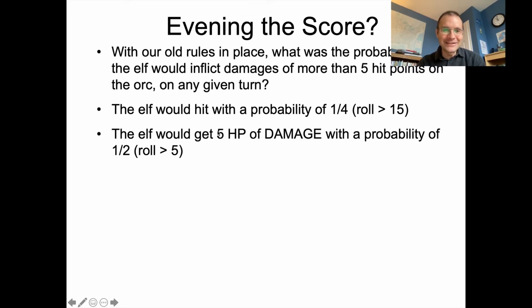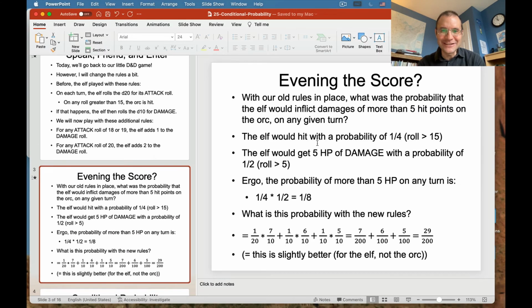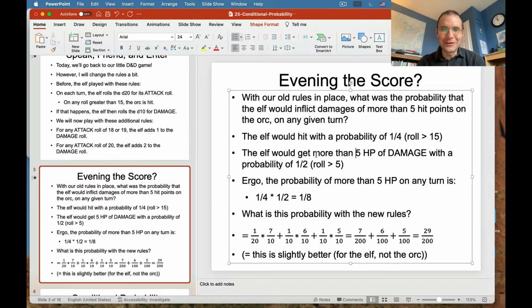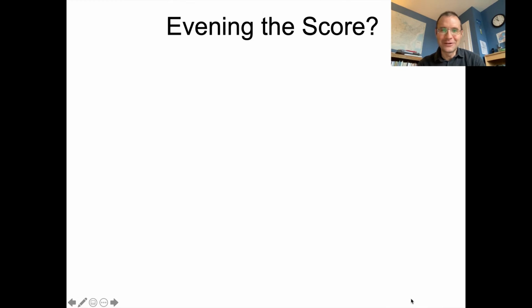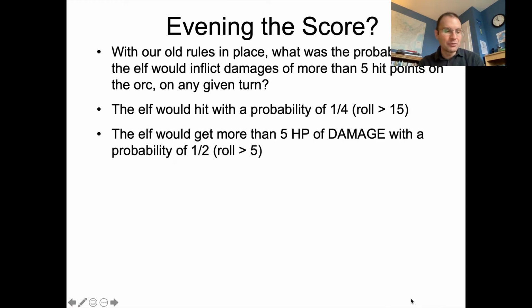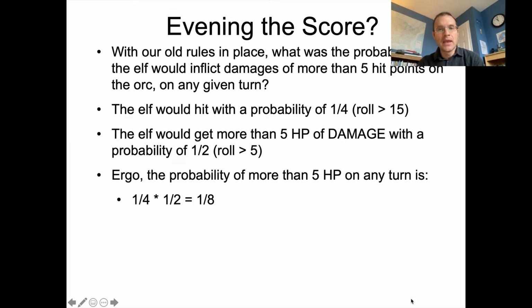I'm going to fix this because I just realized it's more than 5 hit points of damage, with a probability of 1 out of 2, because rolling a d10, you get greater than 5 half the time, basically a 1 out of 2 chance. So the probability of getting more than 5 hit points on any turn is 1 out of 4, the probability for this first roll, times 1 out of 2, which is the probability for the second roll.